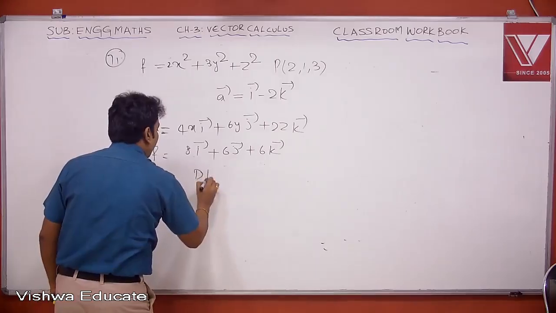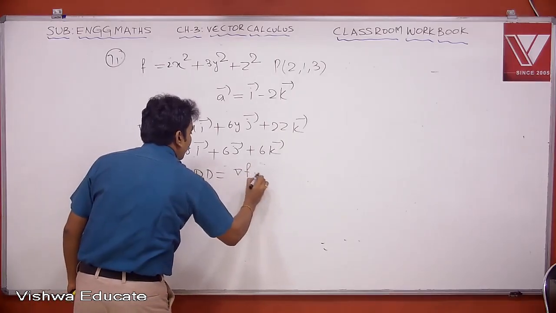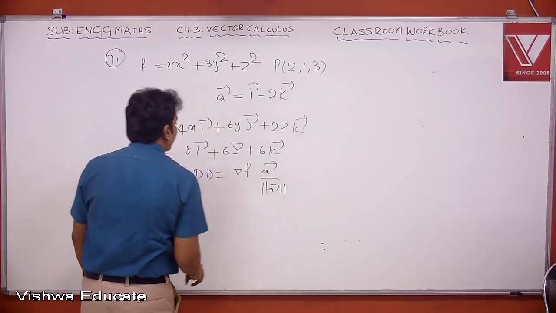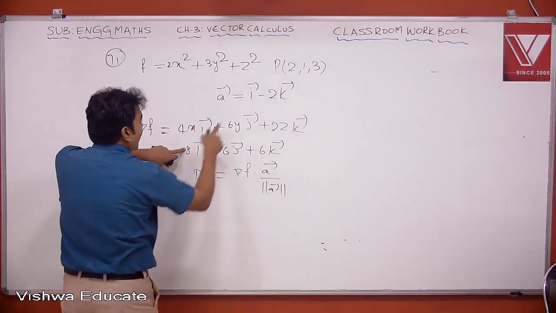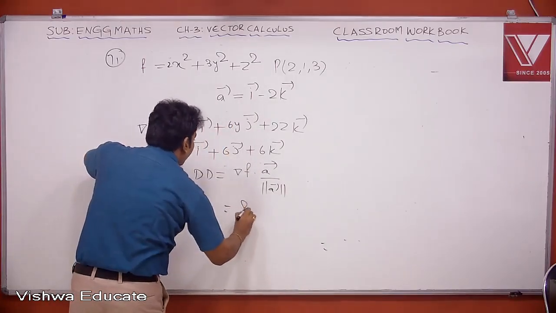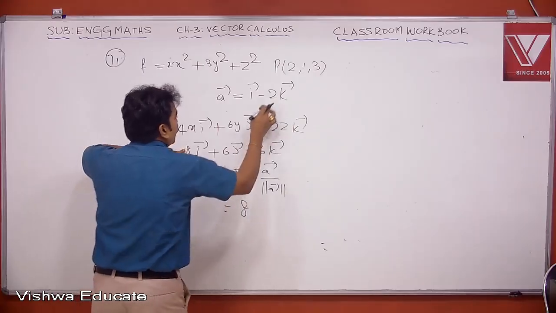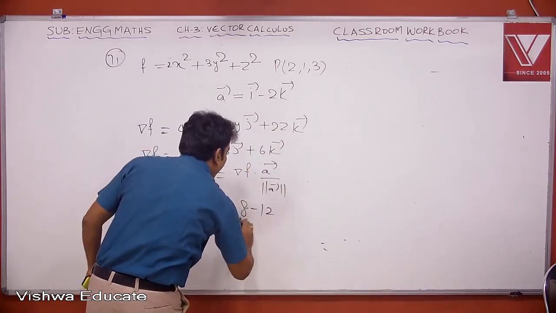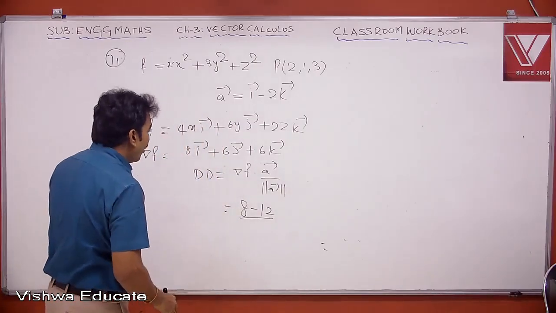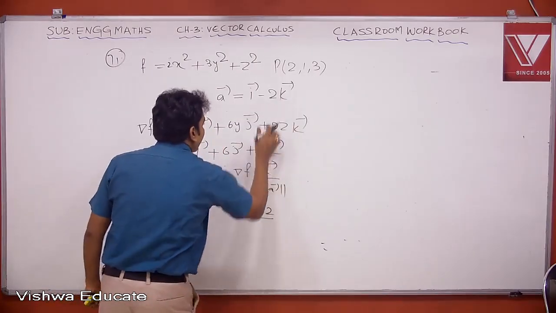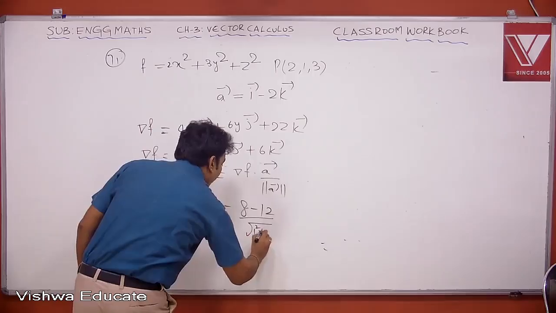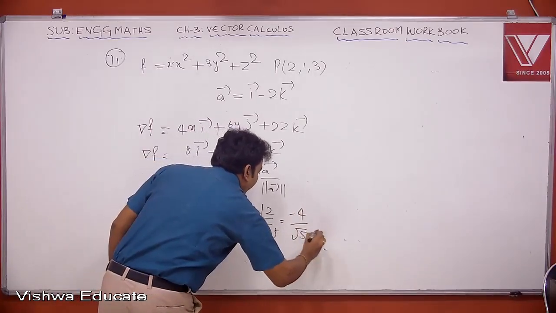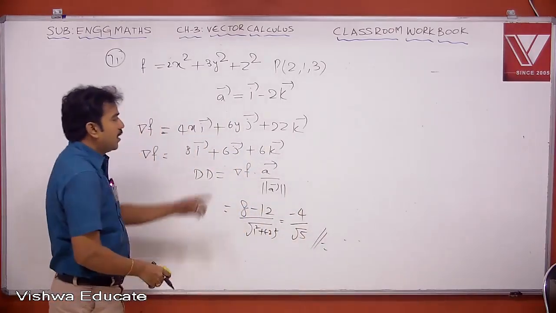The required directional derivative is del f dot a bar by norm a bar. Apply the dot product: 8 times 1 is 8, there is no j bar component, and 6 into minus 2 is minus 12, divided by the length of this vector, square root of 1 square plus minus 2 whole square. So this is minus 4 divided by square root of 5. Note these points.